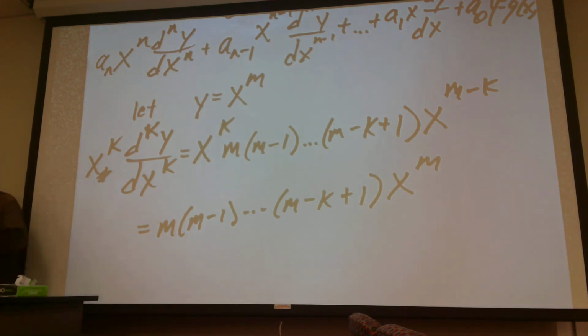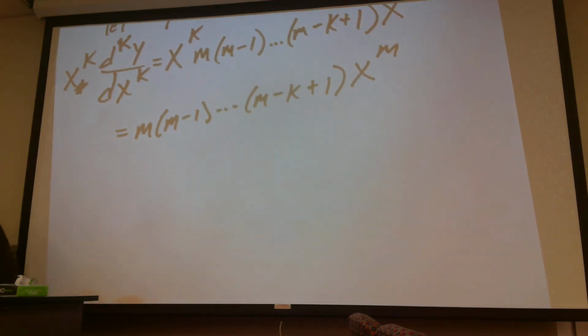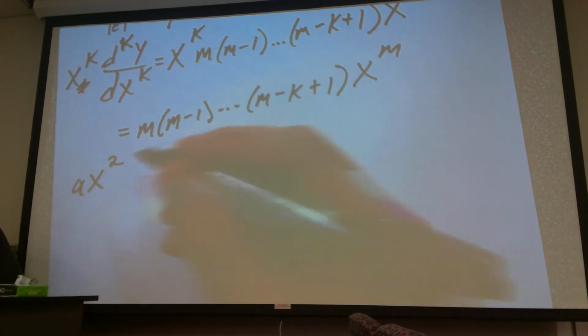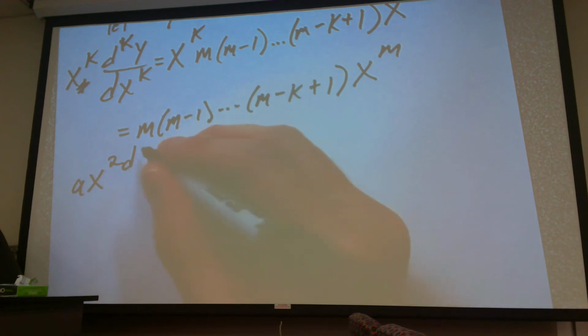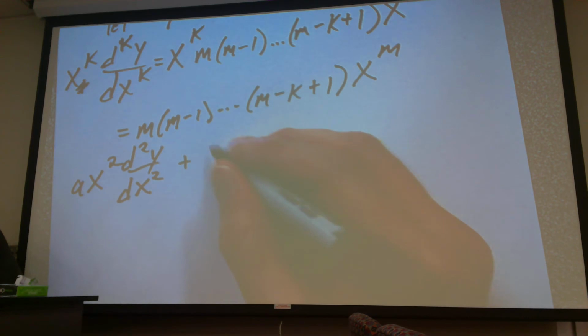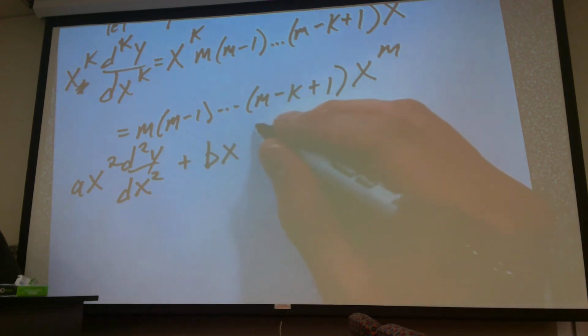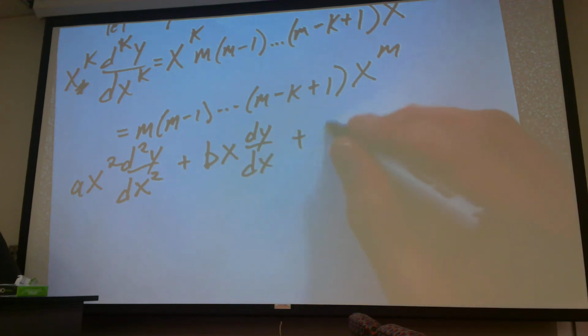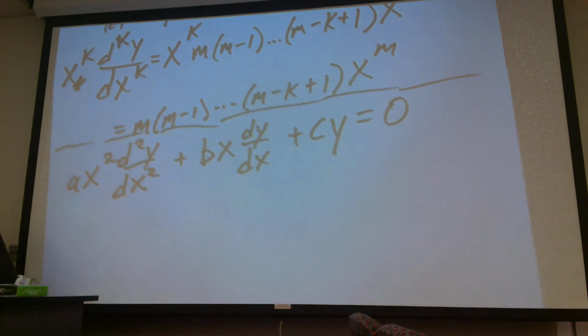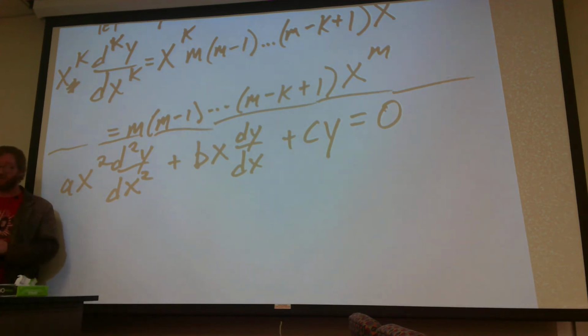If we were looking at this problem right here, we have a x squared times the second derivative of y with respect to x, plus b times x dy dx, plus cy, which equals 0. Okay, so now this is the problem that we are considering.